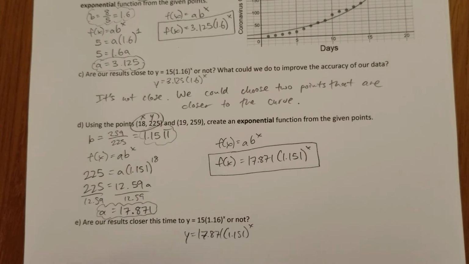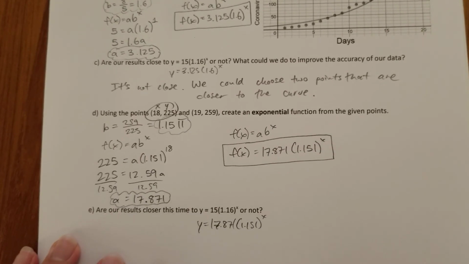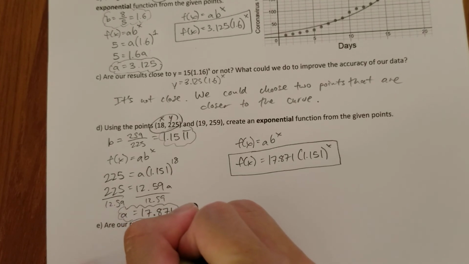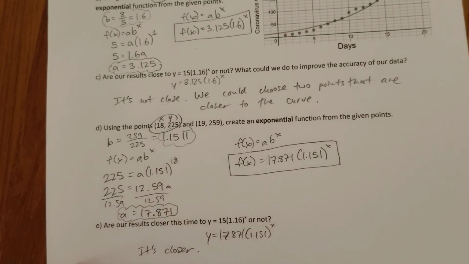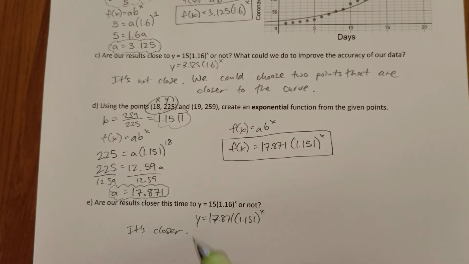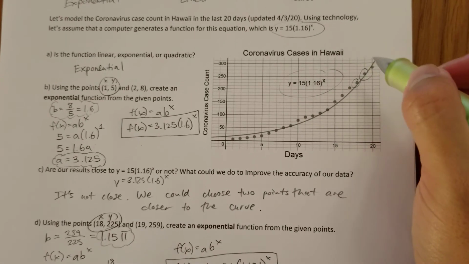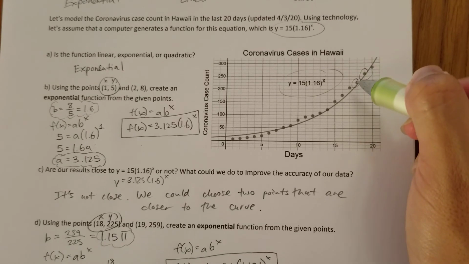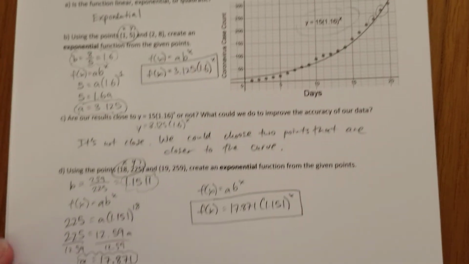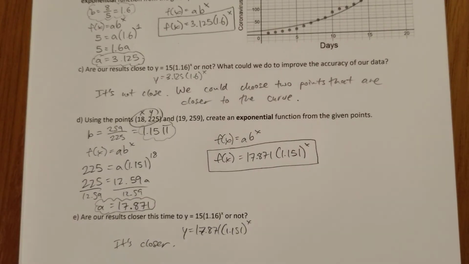This time our results are closer, and the reason why it's closer is because we decided to choose some points that were near the curve. Okay, all right, and that's pretty much it.